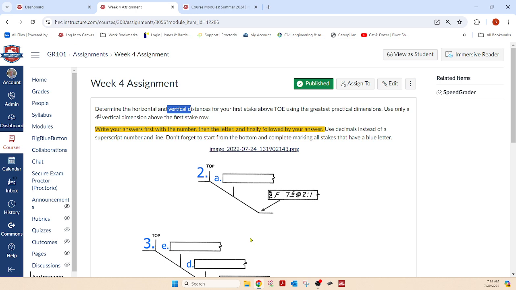But you can see that, let's take this first one. What's going to go here? Well, we have to figure that out. This is the first stake above toe, and we need to get rid of it because it's the oddball. Rarely will it ever start out with four.